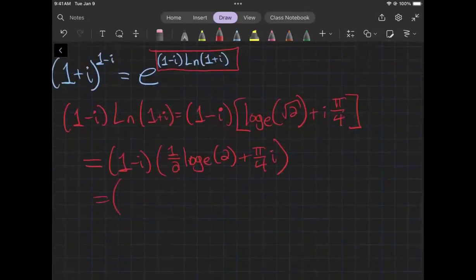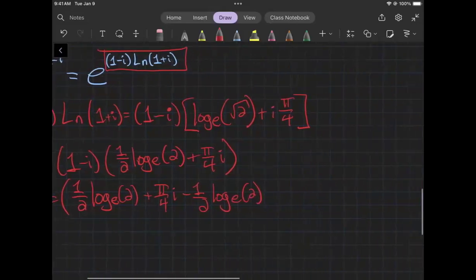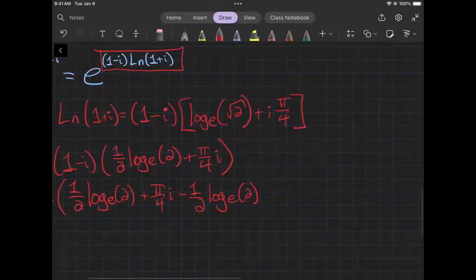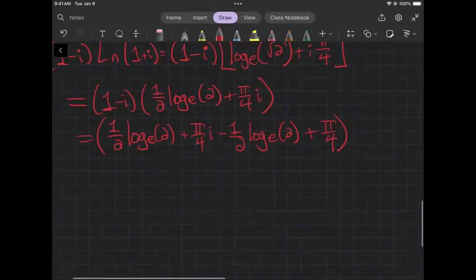If we FOIL all these quantities out, we get 1/2 log base e of 2 plus pi over 4 i minus 1/2 log base e of 2 times i, minus pi over 4 i squared, so that's plus pi over 4.